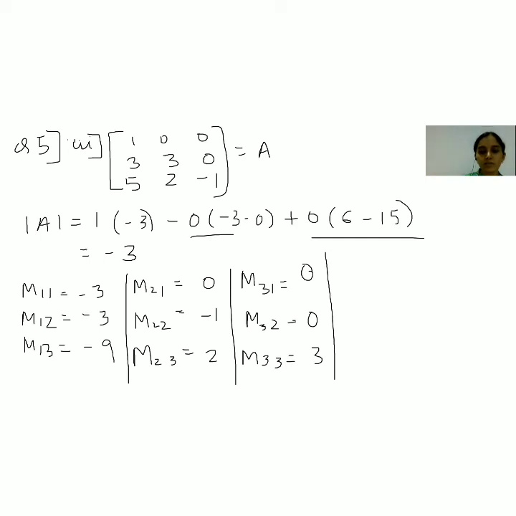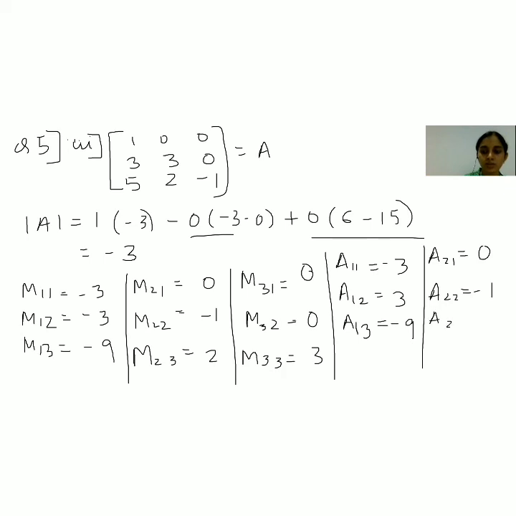What will be the cofactors? Only change the signs wherever you get the odd addition. So A11 remains the same. A12 will change its sign. A13 will not change. Then A21 will change, but it's a 0, so we put it as 0. A22 will not change.